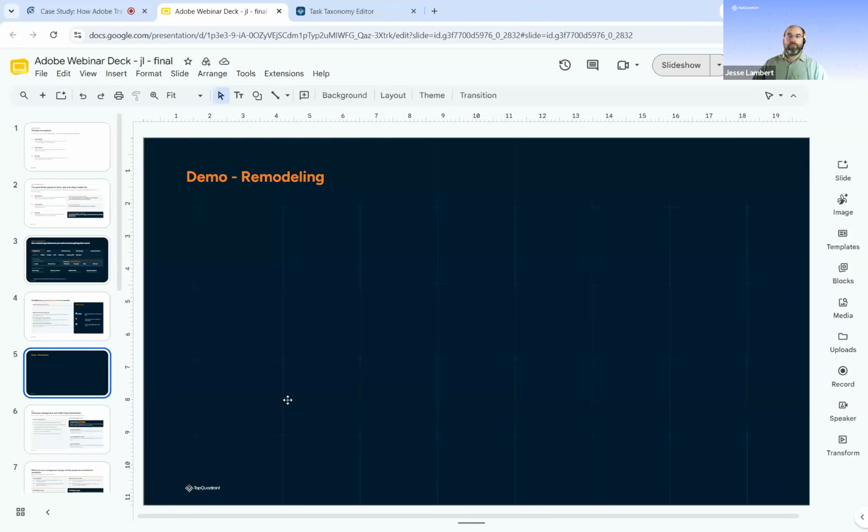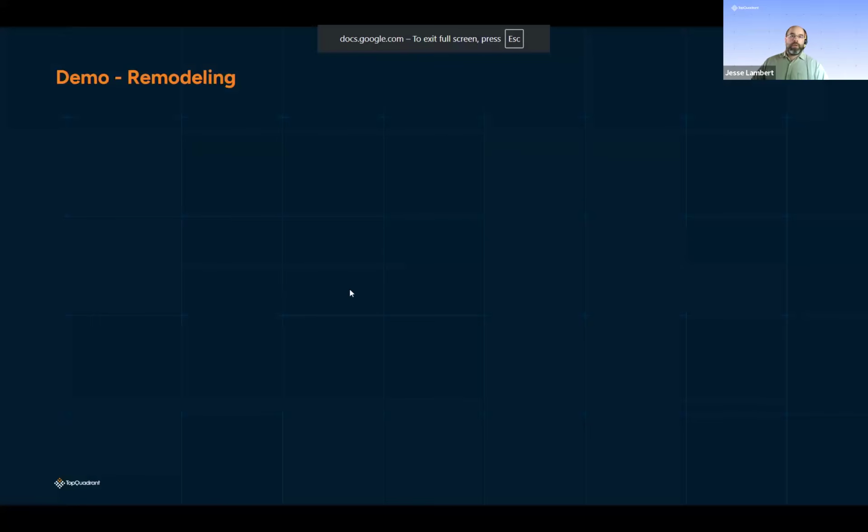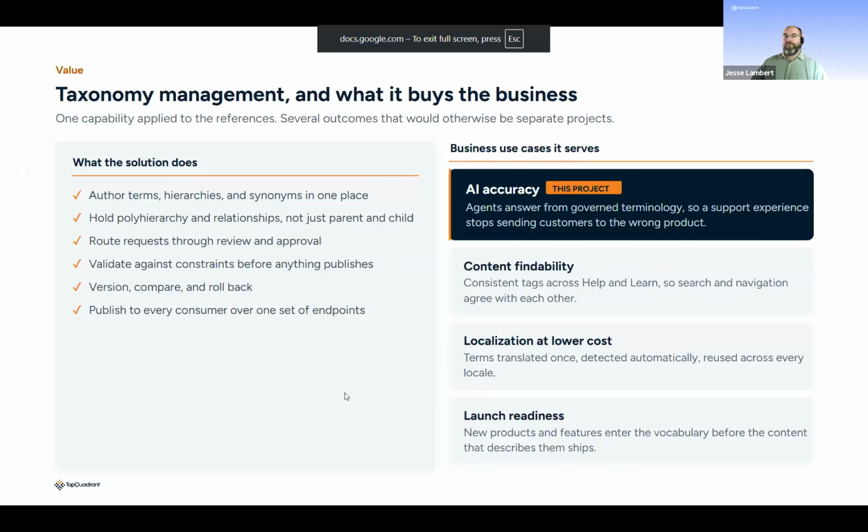And then coming back to the presentation, if we move forward, the benefit or the value of being able to do everything that I just said was really simply, we're not working in tables and we're not working in rows anymore. So we get to author and maintain polyhierarchy, hierarchical and horizontal relationships, right?